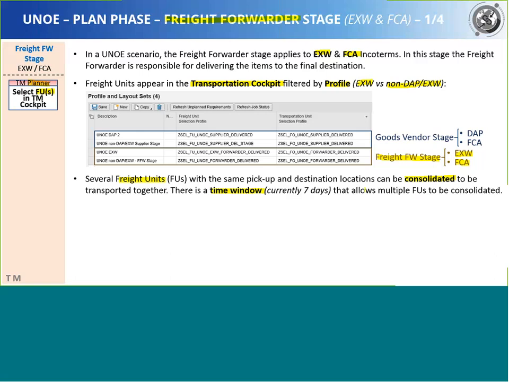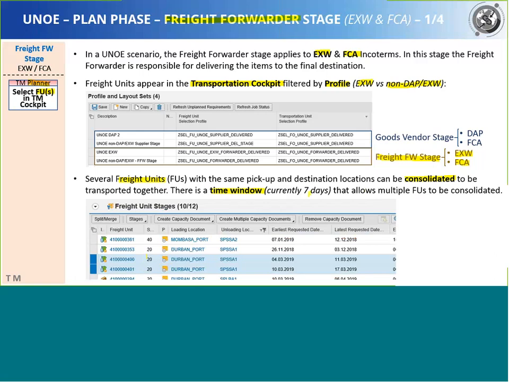Okay. Right. So the transportation cockpit will allow the planner to select multiple freight units so that we can combine different freight units in the same shipment. Okay.